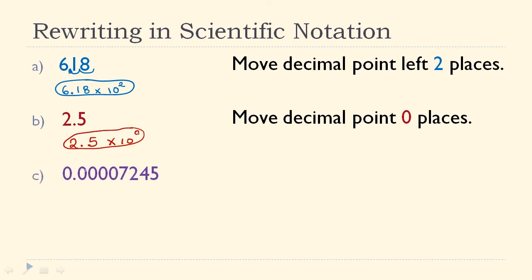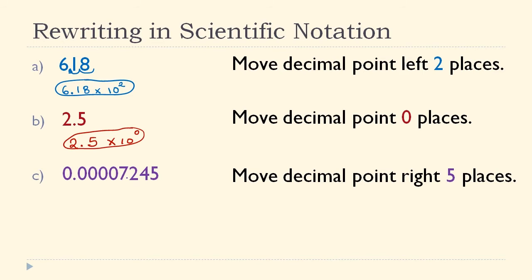Here we have 0.00007245. In this case, our decimal has to go right past our first significant digit, which is 7. So it's got to go between 7 and 2. So I'm going to be moving this decimal, or making it bounce, 1, 2, 3, 4, 5, so that it can be between 7 and 2.